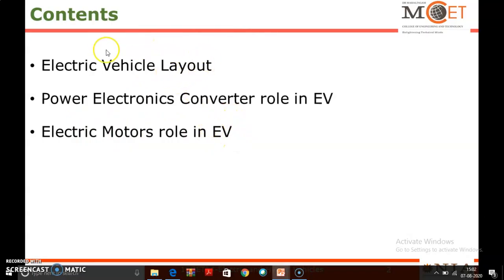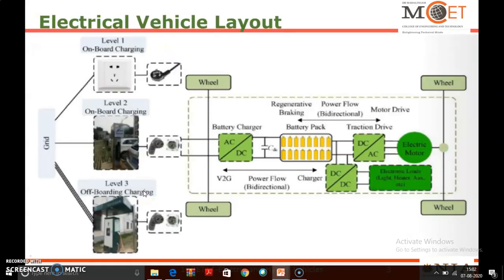We already discussed the electric vehicle layout in the previous class. So this is an electric vehicle layout. We know that the battery pack comprises electric battery modules, coolant systems and battery management systems.